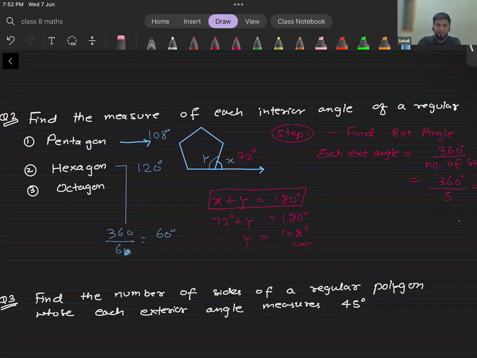Yes, Fatima and Ahmed, find out the value of interior angle for octagon. You guys are getting how you're solving this? Fatima and Ahmed. Yes, very good.